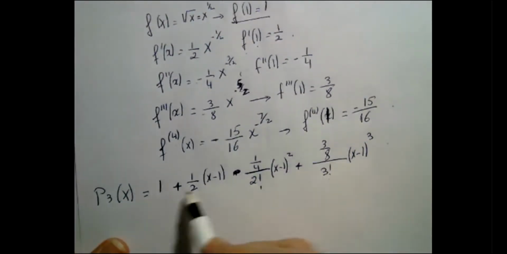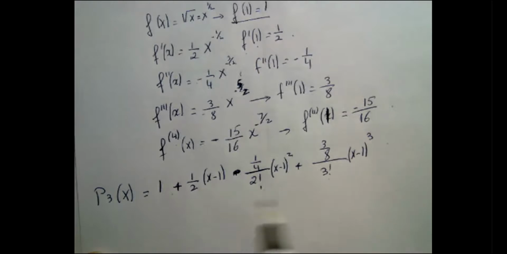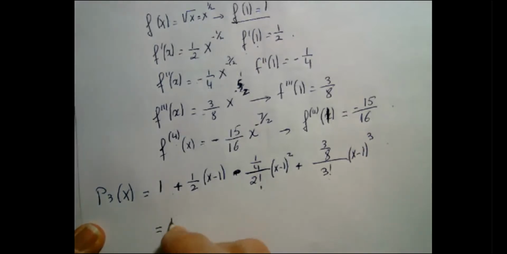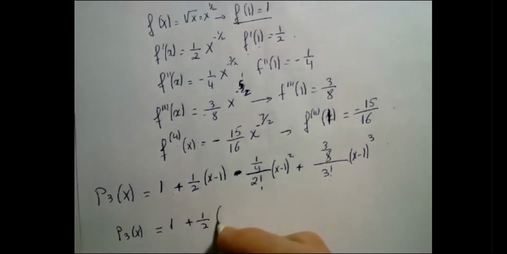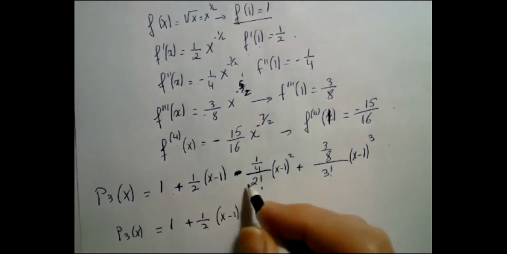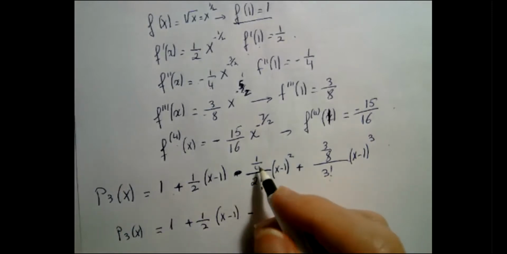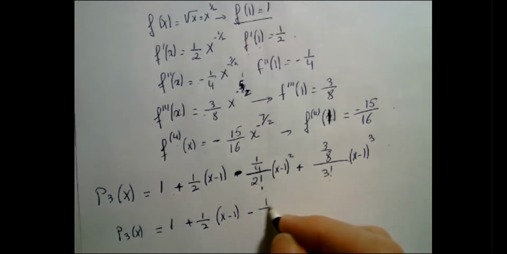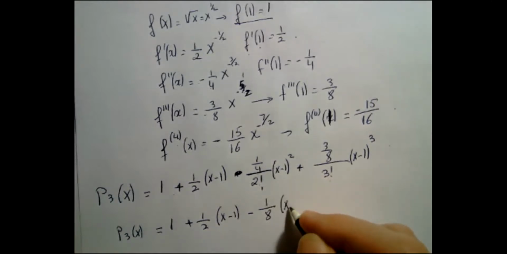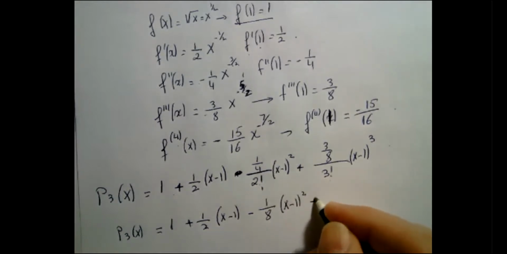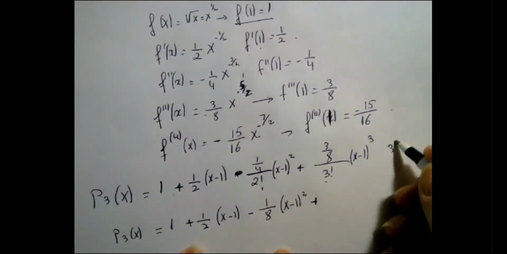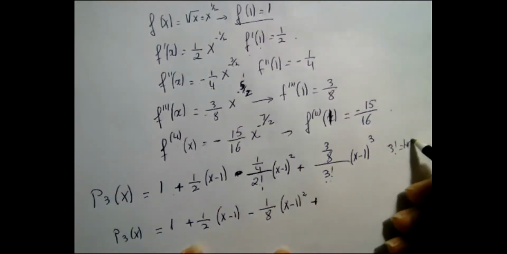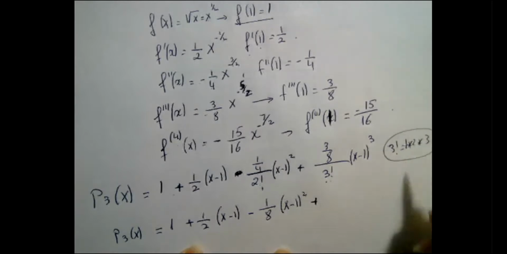Now, of course, we don't like that. As I said, let us simplify that a little bit. It means P3 equals 1 plus a half (x minus 1) minus 1/4 over that, which is going to give me 1 over 8 (x minus 1) squared, plus 3 factorial is 1 times 2 times 3, it's a 6.